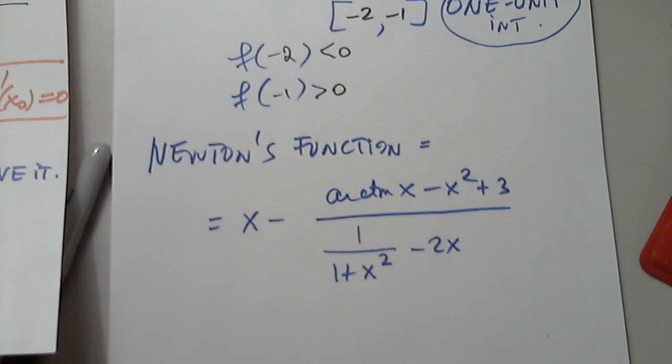You have to be very careful how you enter it. 1 over 1 plus x squared will be 1 divided by parentheses 1 plus x squared and close. And then minus 2x and close again. We have to have parentheses around the numerator and parentheses around the denominator. So I have Newton's function in there, x minus the function over its derivative.